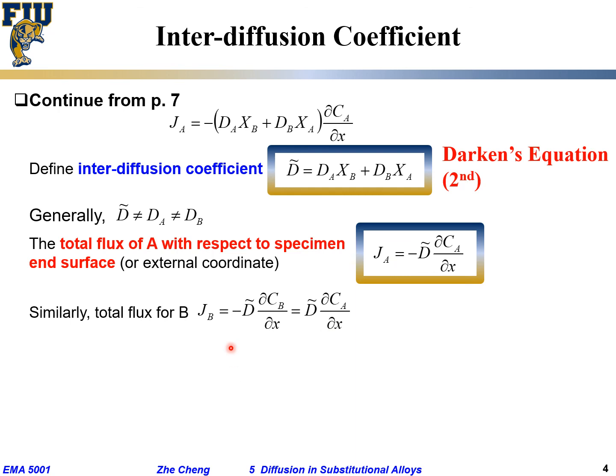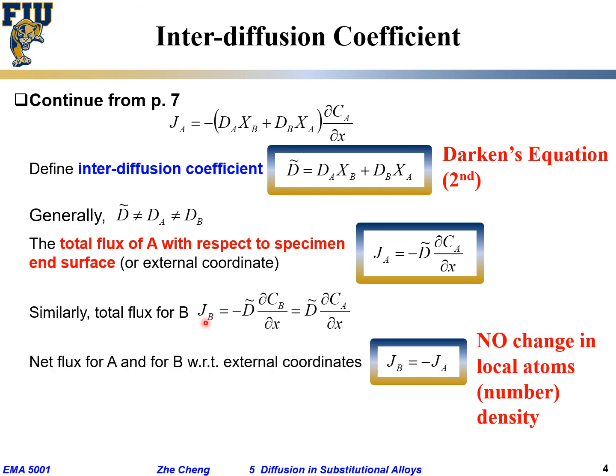The total flux of B would be minus D tilde times the partial differential of C_B with respect to x. Remember, what's the relationship between C_A and C_B? C_A plus C_B equals a fixed value, which means when we take the concentration gradient, it's just opposite. What does that mean? J_B, the net flux with respect to the external coordinate, would be the same as minus J_A.